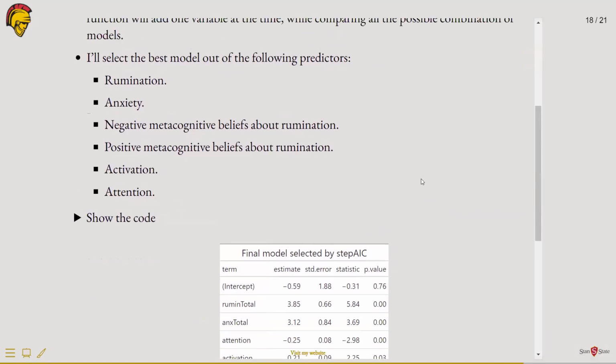You might be thinking, how do I normally do this? Well, I normally start with the worst model, and I build the model little by little. I don't do the opposite. I do the opposite, like with a big model, only when I have a very large data set and I care only about prediction.